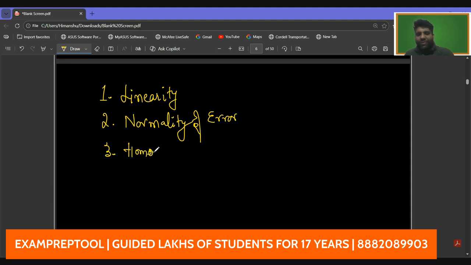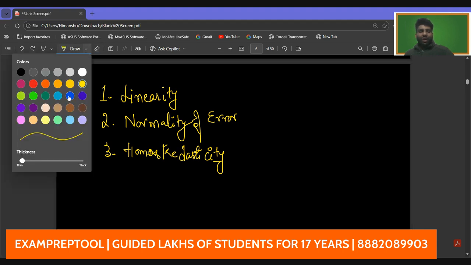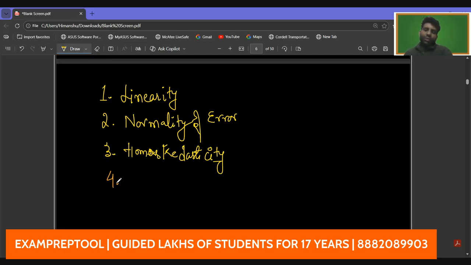These seem to be very difficult terms, but they are not, once you understand them better. Homoscedasticity. And the last one is no autocorrelation.